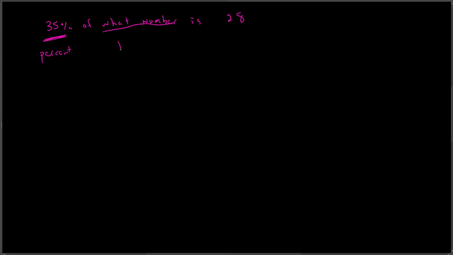Here's my base, because the base comes after the of, and here's my amount. So if I put this into a proportion, I have 28, my amount, over my base, which is unknown, equals 35 over 100.